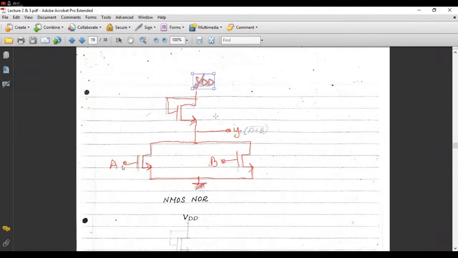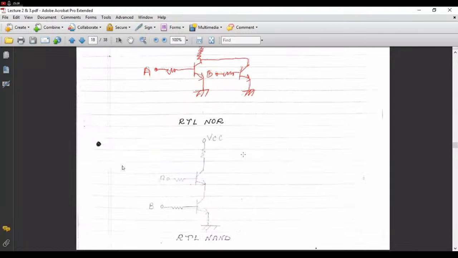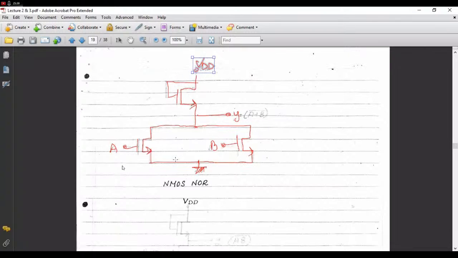So as I told you, the resistor over here has been completely replaced with this NMOS, and the two parallel inputs, this one A and B, have been arranged in this manner. If both of these inputs are 0, that means both of these MOS will be off.